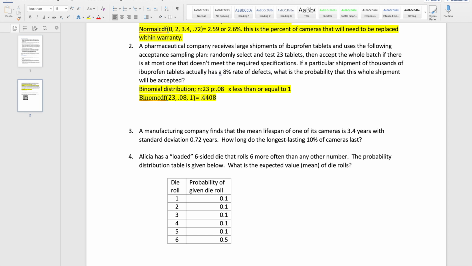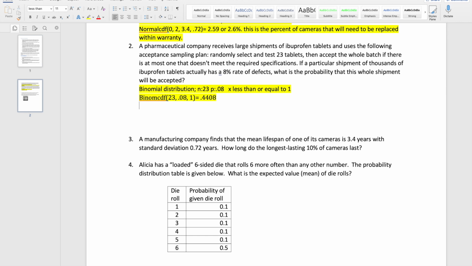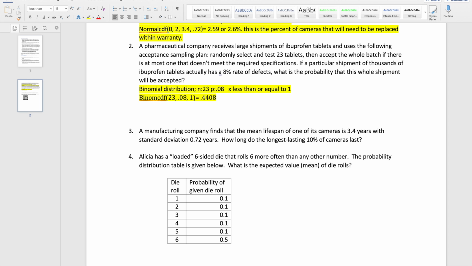Yeah, we can go back to here once again. So we found that that is the probability of it being defective. Then let's go and find that number again.